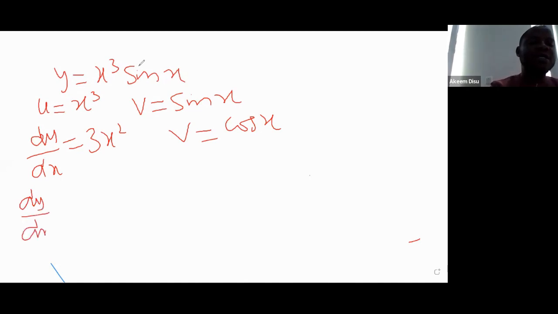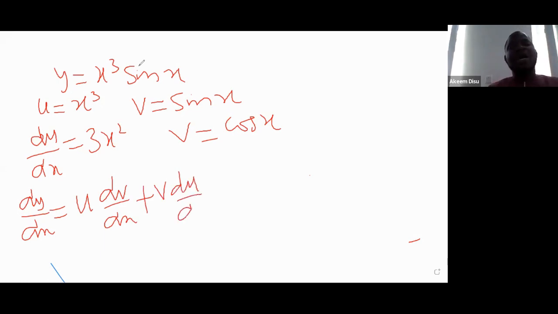dy/dx equals u dv/dx plus v du/dx. Our u here is x cubed. We put x cubed. Our dv/dx is cos x. You put cos x. Then our v is sin x.